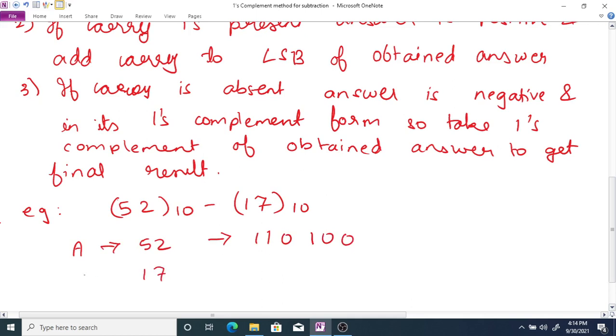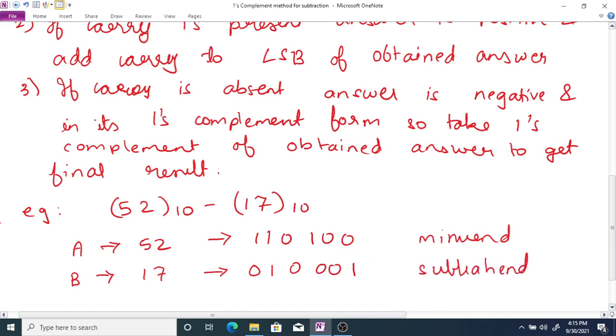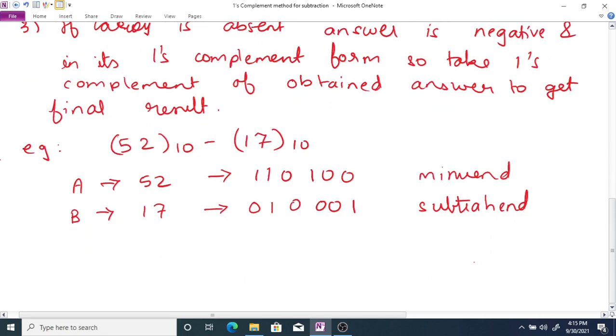Similarly, for 17, b will be 010001. Now, here minuend is 52 and subtrahend is 17. Now according to the procedure, first we have to find 1's complement of 17, that is b dash for 17. So here we will get 101110.